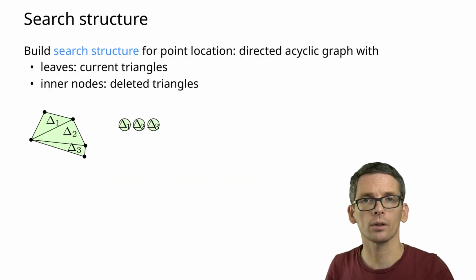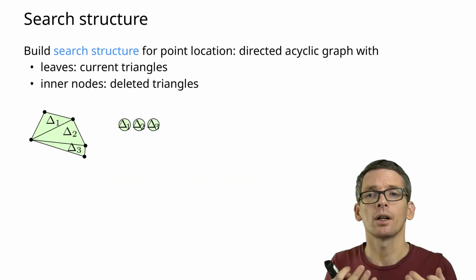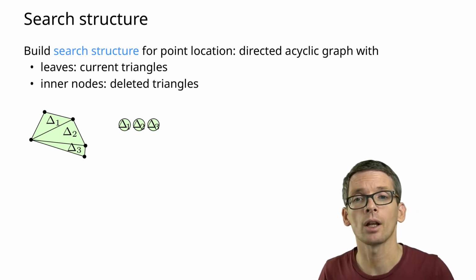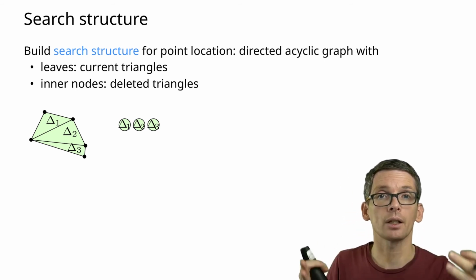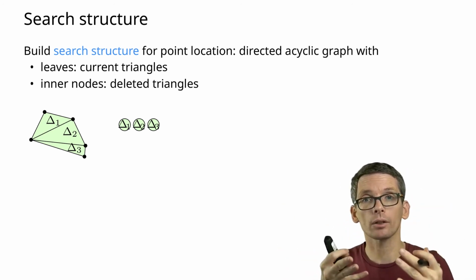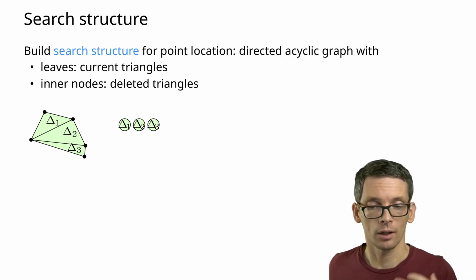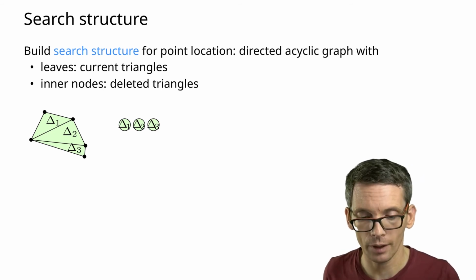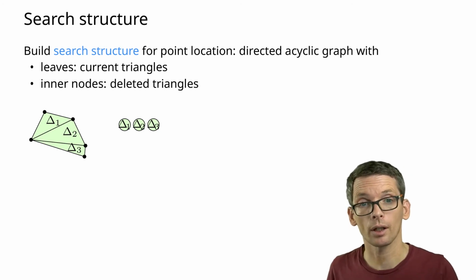So what does this look like more specifically? We're going to build a search structure where the leaves correspond to the current triangles in the Delaunay triangulation, and the inner nodes correspond to triangles that have been deleted. So they were there somewhere in the construction, but they were deleted. For instance, here I have my current triangulation, and then I have these leaves, delta 1, delta 2, delta 3 for the current triangles.